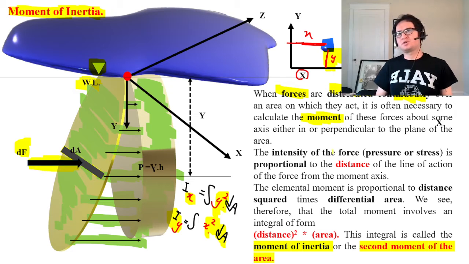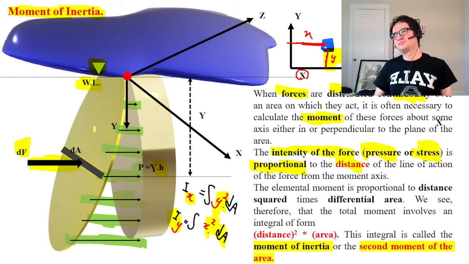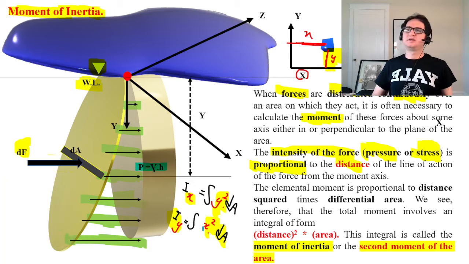The intensity of forces, for example in water it is pressure and in some other samples it is stress, is almost proportional to the distance, to the length of your traveling downward. So pressure is related to gamma times h.